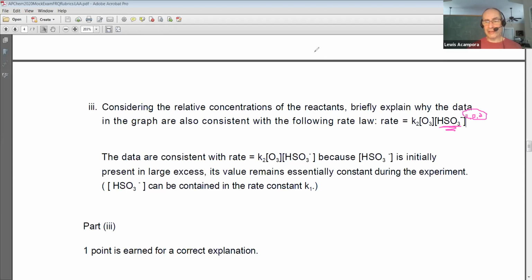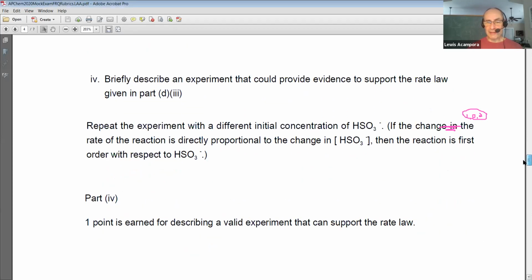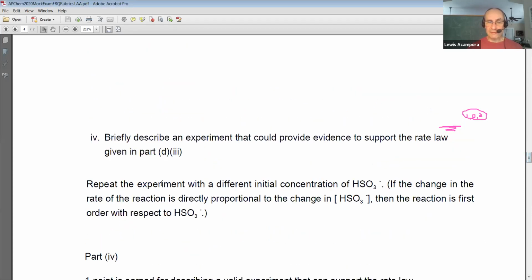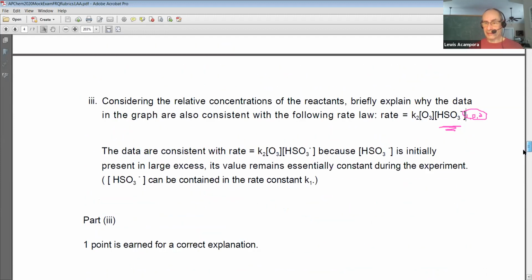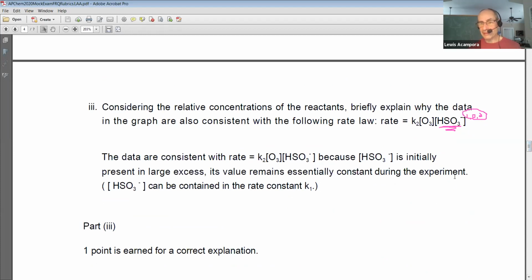And there are a couple of ways to do this. One thing you can do is repeat the experiment with a different initial concentration of hydrogen sulfide. If the change in the reaction rate is proportional, then the reaction is first order. So if we go back here, and I'll try to line that up again. There we go, pretty good.